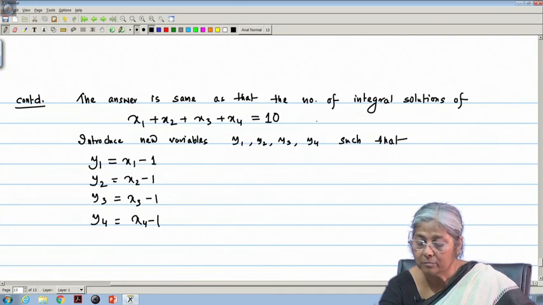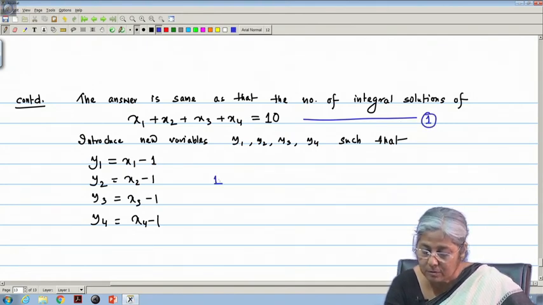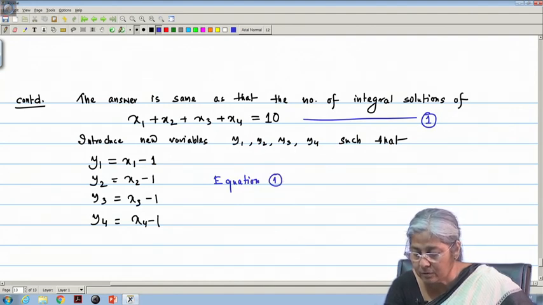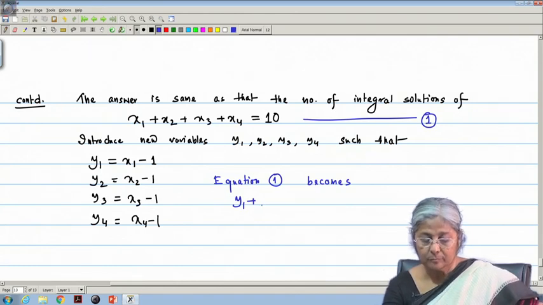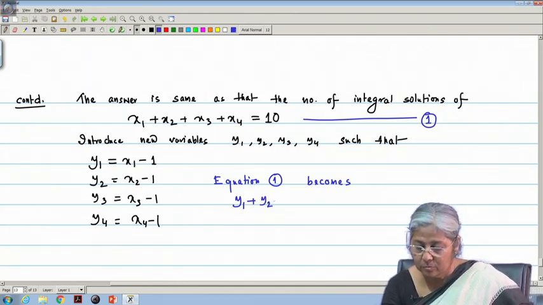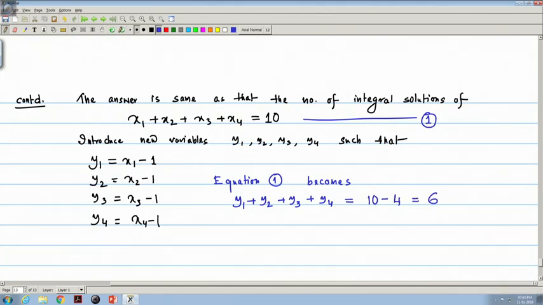So, equation 1 becomes y1 plus y2 plus y3 plus y4 equal to 10 minus 4, equal to 6.